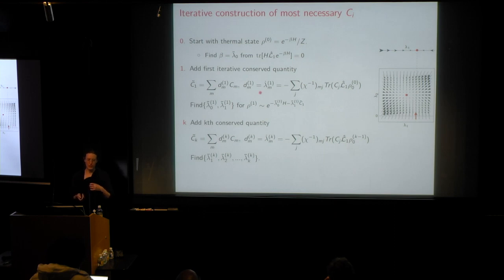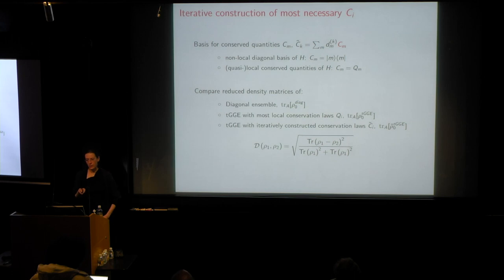So the corresponding Lagrange multipliers will change, and the ones that will change the most are the most missing in my description. So as a next conservation law, I take a linear superposition of different conservation laws I neglected, with the weight that is proposed by my baths. Then I take this as my next conservation law, plug it in with this GGE with two conservation laws, and iterate.